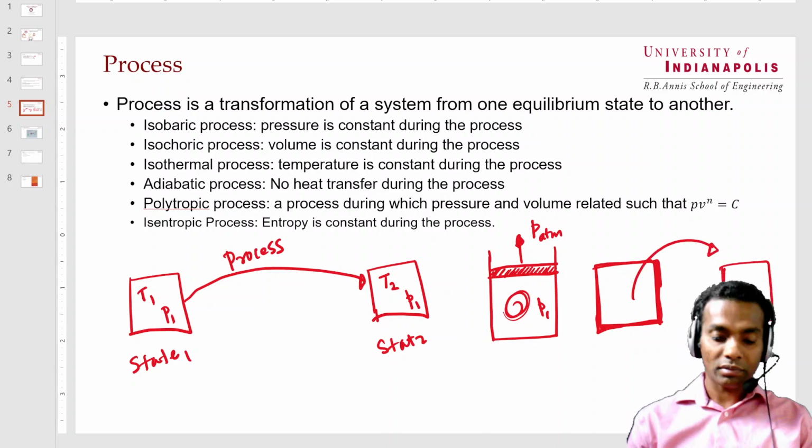Adiabatic process is the process where no heat transfer takes place. Polytropic process is a process where PV to the power n, n could be any number, 1, 2, 3, this relationship stays constant. And we learn isentropic process, where entropy is constant during the process.